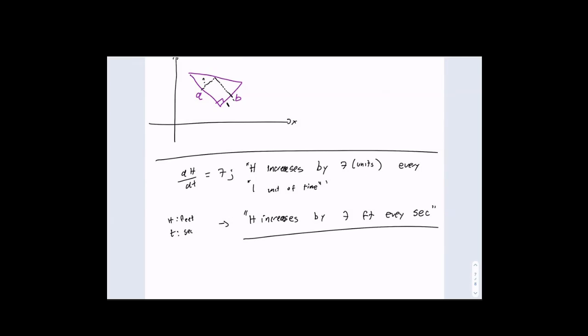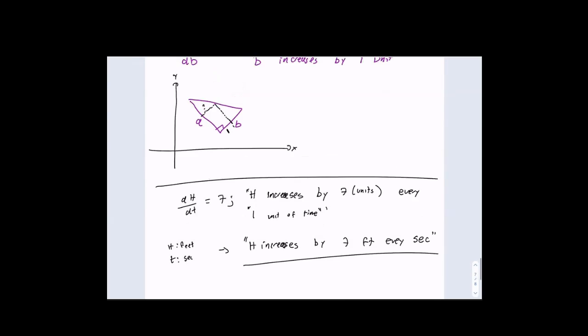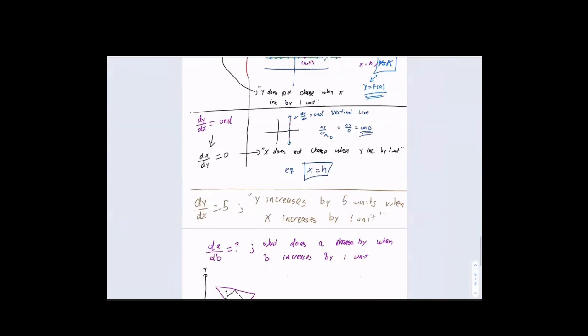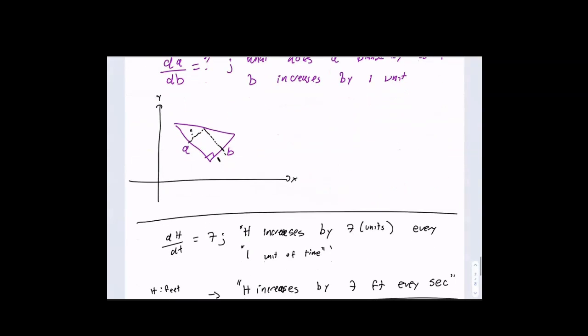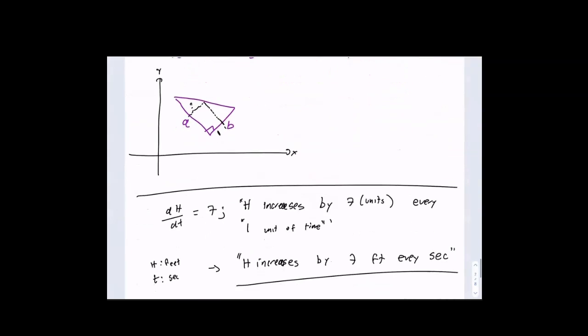Everything doesn't have to be going left to right, up to down, but that's what slope refers to. We're referring to that the bottom variable is increasing by 1 unit. So whatever is on the bottom, if it's X, if it's Y, if it's T, if it's B, we're saying that bottom variable is increasing by 1 unit.